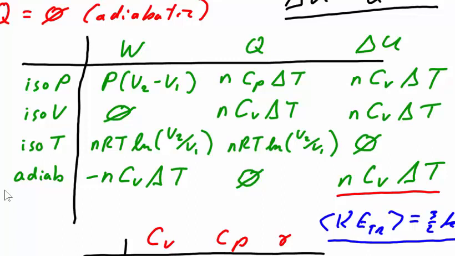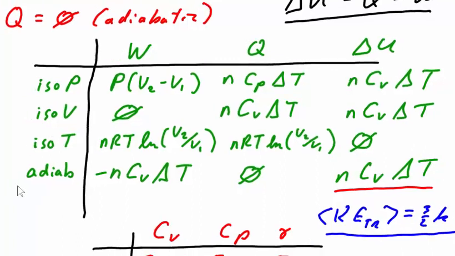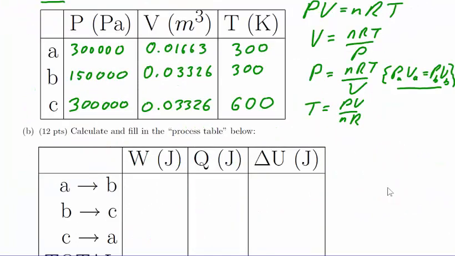Because our diagram has the 3 processes, constant temperature from A to B, constant volume from B to C, and constant pressure from C to A, we'll be using the first 3 rows of this table in our calculations. The process A goes to B is isothermal, and anytime we calculate any of these rows, it's easiest if we find that one of the 3 values is 0.